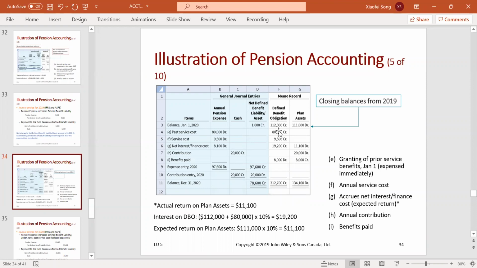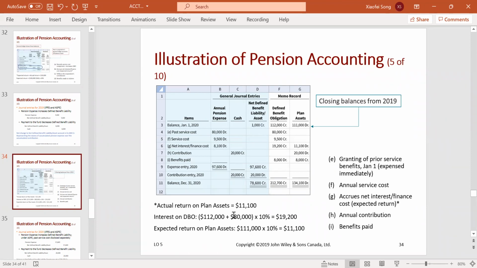The difference of the two is net interest. And I think the second one is better because you still have to enter expected return and interest in the memo accounts, right? So that kind of helps you. So defined benefit obligation, the interest on that is calculated as 10% of the beginning balance plus the past service cost.